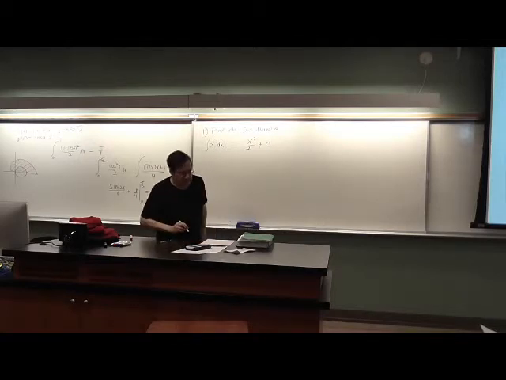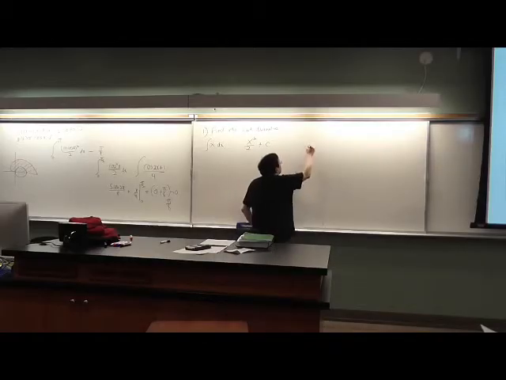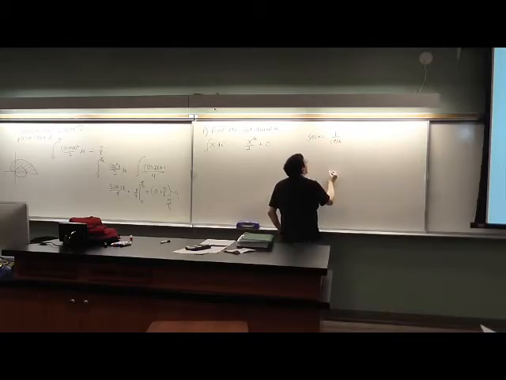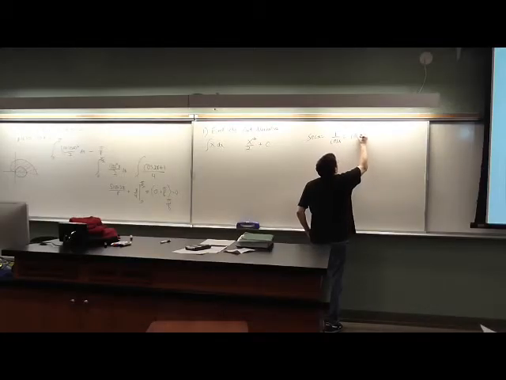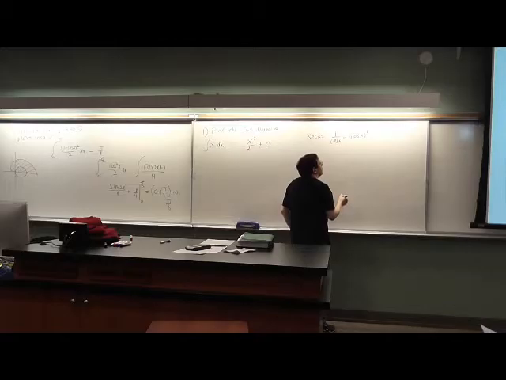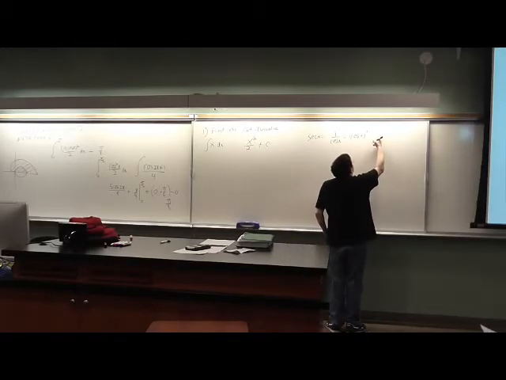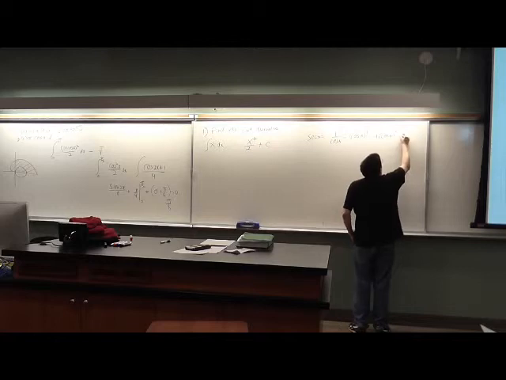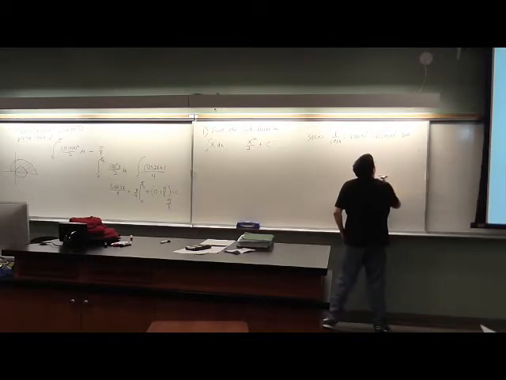Similarly, if we take the secant of x, which is 1 over the cosine of x, or if you like, cosine of x to the minus 1, we can just use the chain rule and find out this is minus 1 cosine of x to the minus 2 times the derivative of the cosine, which is the negative sign.